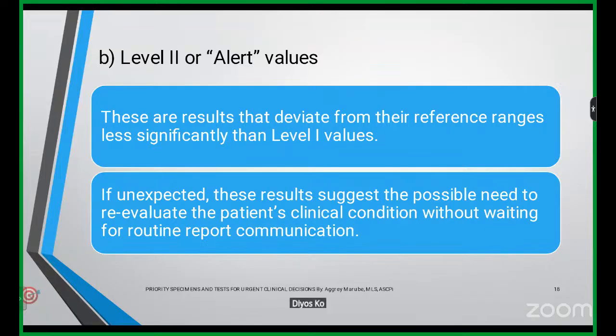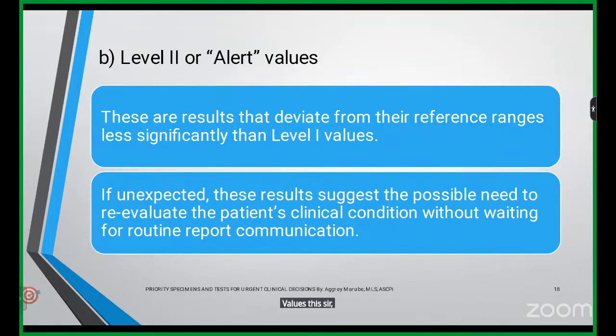The second level, especially on prioritization of the criticality, level 2, does not reach the threshold of critical value. They are on a lower threshold. They are called alert values or level 2 values.